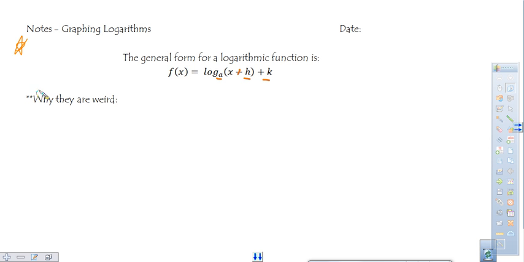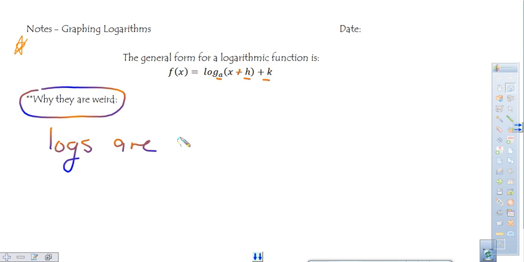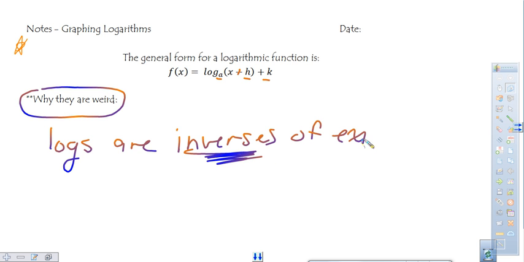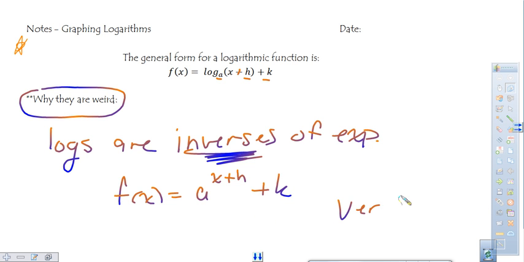The key thing, why they are weird, is because logs are inverses of exponentials. Okay? So, in our exponential function, we were looking at a to the x plus h plus k, and we had a horizontal asymptote, right?